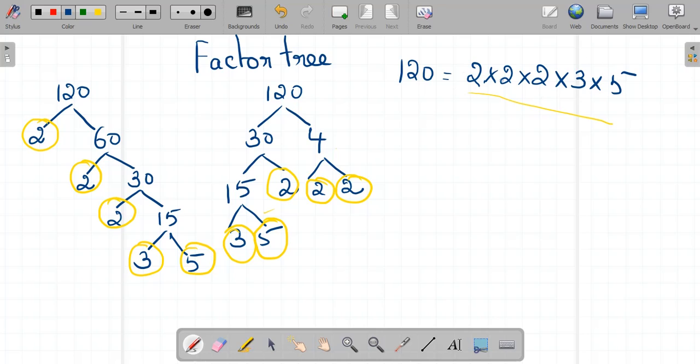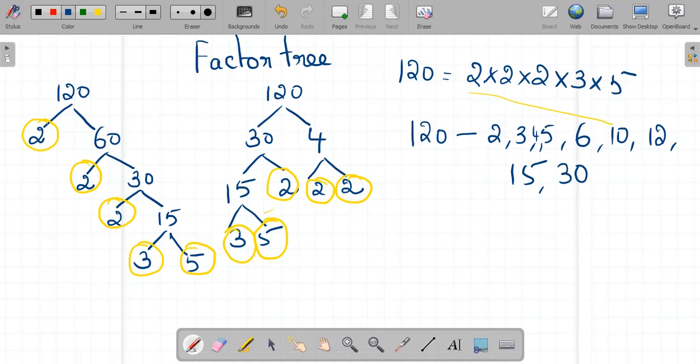So a factor tree lists all the factors in terms of multiples of prime numbers only. In reality, if you list all the factors for 120, what are they? 2, 3, in fact 4 also will be there. So 4, 5, then 6, 10, 12, 15, 30, sorry, we missed 20, 30, then 60, we missed a 40.